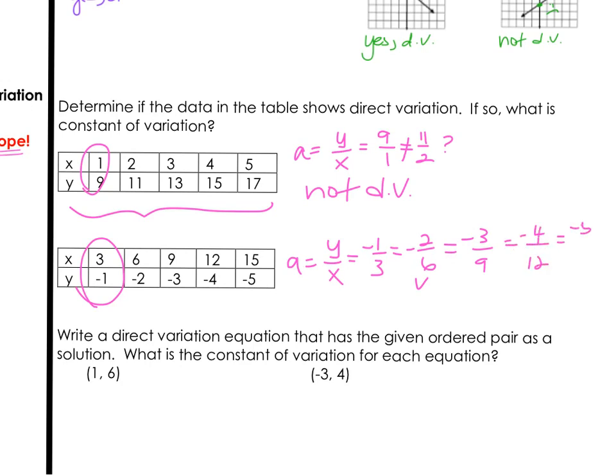And -5 over 15. Since they all match, this models direct variation. The constant of variation is just what that fraction equals. It would be the slope of our line. Now in that very first fraction, it was simplified to -1/3. Therefore, the constant is just -1/3.